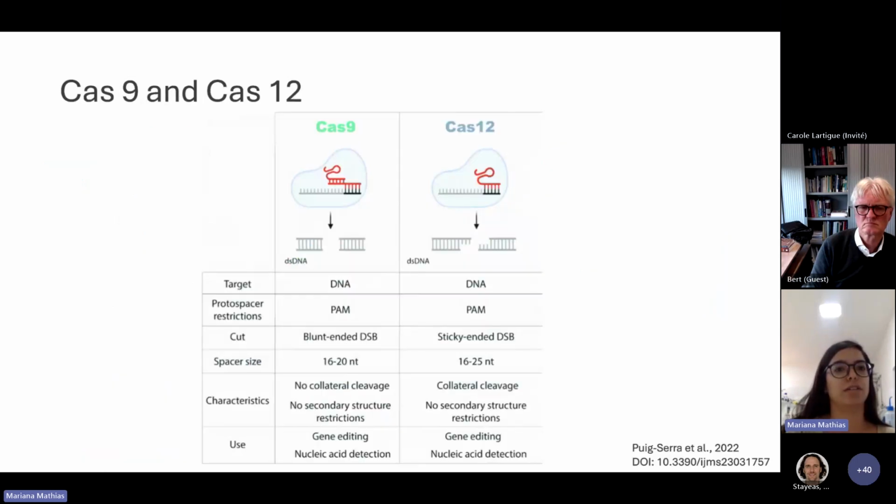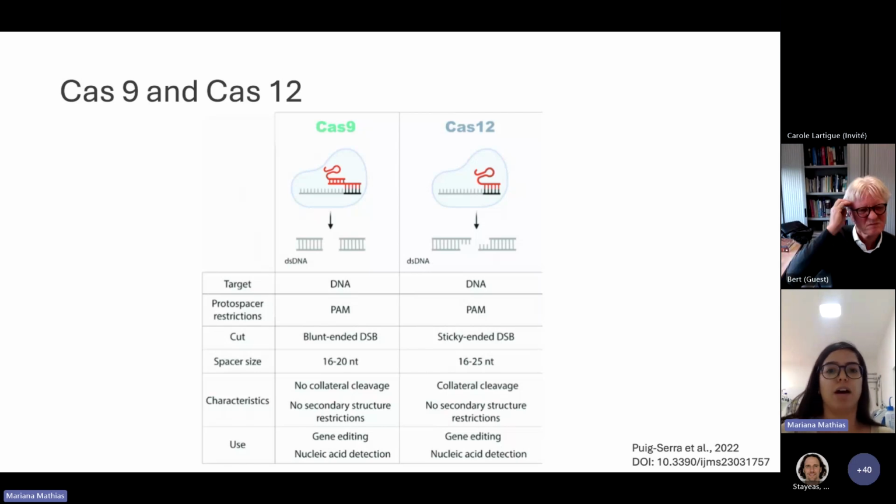So the major differences between Cas9 and Cas12 are, well, they both cleave double-stranded DNA, but Cas9 generates blunt ends, whereas Cas12 has sticky ends, so this, well, might change our system a little bit.